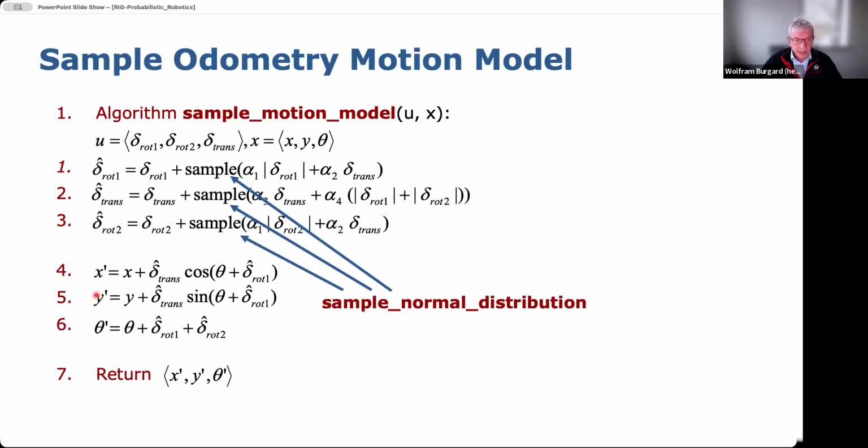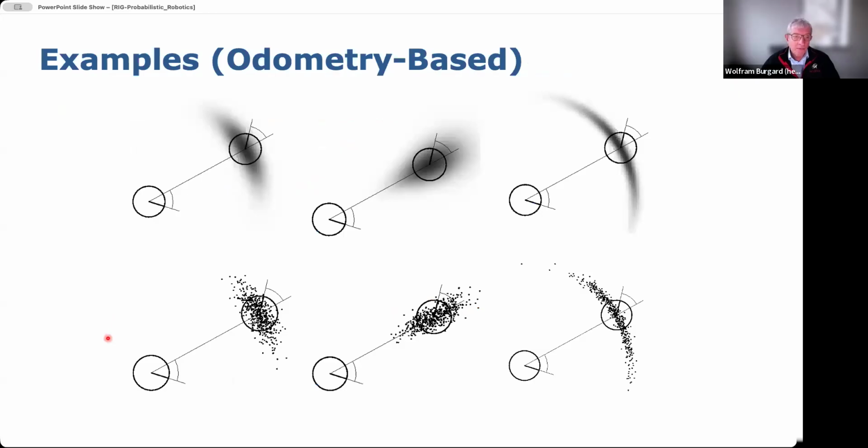From this we calculate the new resulting poses, the position plus orientation. When you do this, you obtain a sample-based representation of your belief. And this is what you can obtain with this representation.